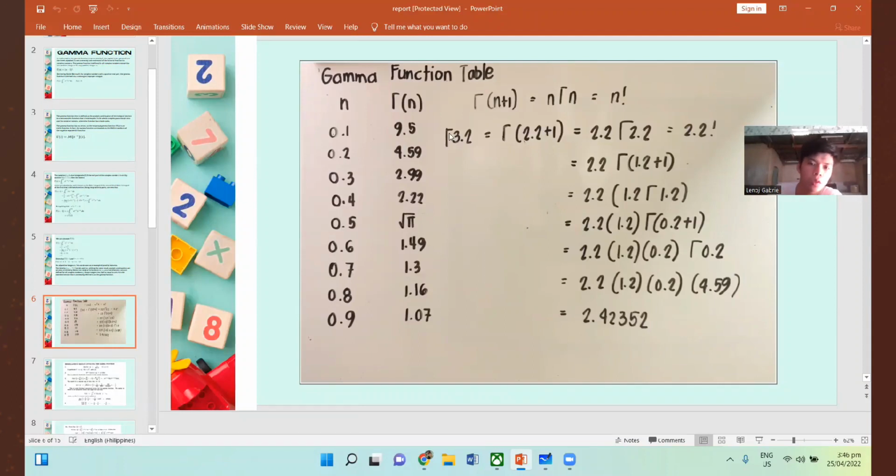So minus 1. So 3.2 minus 1 is 2.2, plus 1. So ayun. So gamma of 2.2 is equal to 2.2 factorial. Kung ita-type natin sa calculator, let's say 2.2 factorial ay 2.2.